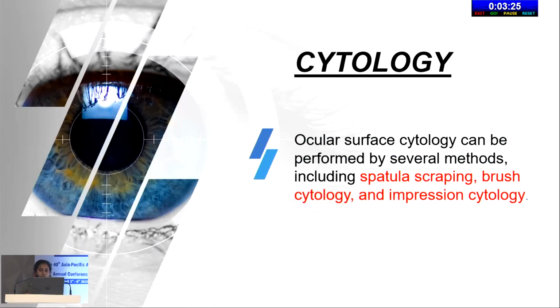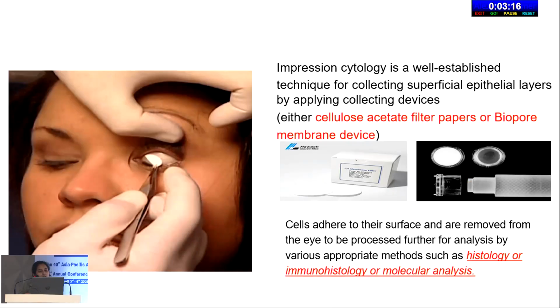Coming to ocular surface cytology, it can be performed by several methods like spatula scraping, brush cytology or impression cytology. Impression cytology is basically done by two techniques: cellulose acetate filter paper or the biopore membrane device.